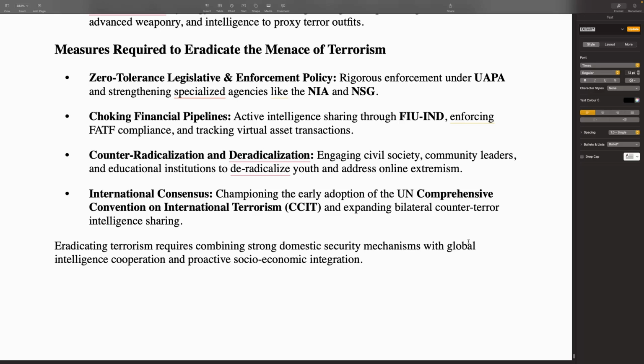International consensus: championing the early adoption of the UN Comprehensive Convention on International Terrorism (CCIT) and expanding bilateral counter-terror intelligence sharing. Eradicating terrorism requires combining strong domestic security mechanisms with global intelligence cooperation and proactive socio-economic integration.